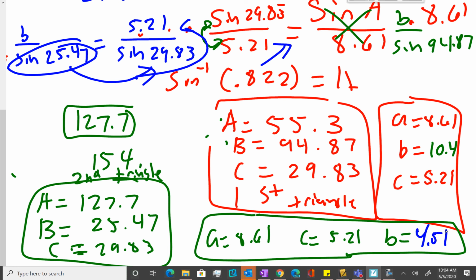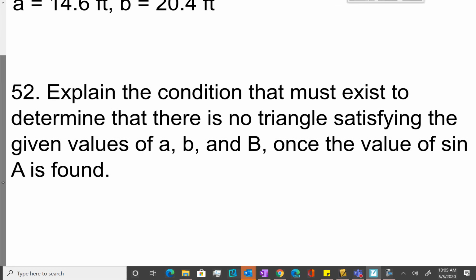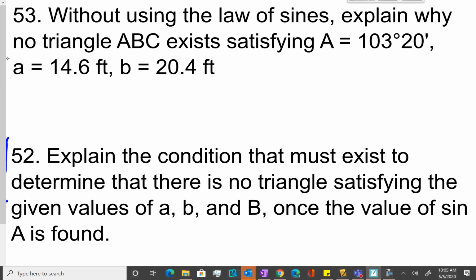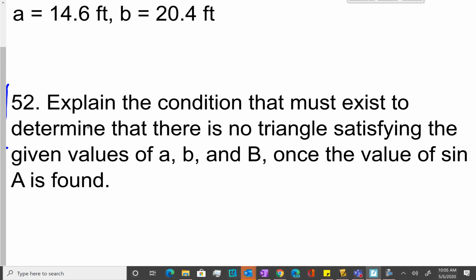Okay, so that's how you solve the ambiguous case, the three different possibilities. So here, when you're trying to explain what might happen without a calculator, without using law of sines, here, I'll do it on number 52.